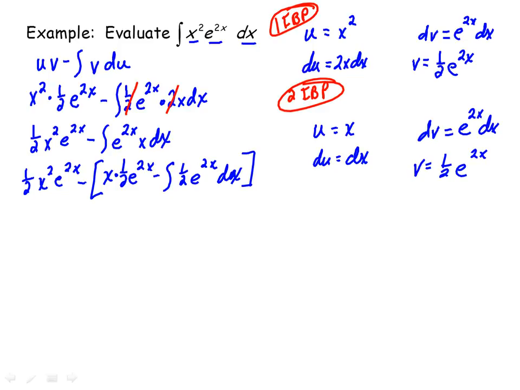Now, there's a lot of cleanup we can do here. Let's write this as 1/2 x e to the 2x minus. This time I don't have anything to cancel that 1/2 out with, so let's bring it out front. So we're going to have 1/2 times the integral of e to the 2x dx.